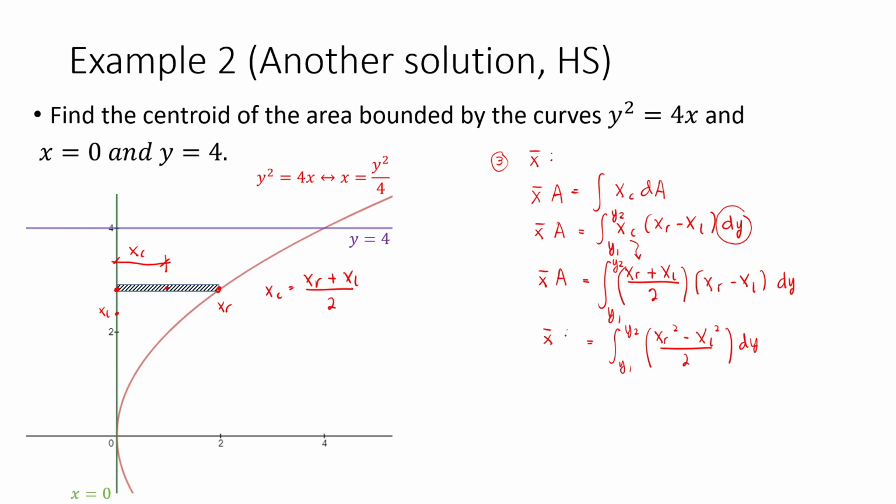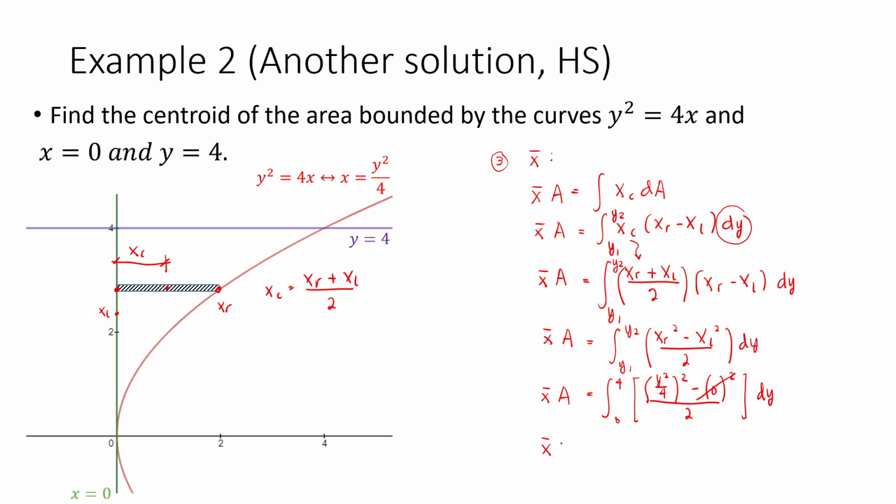And on the left side, bar x times the area. So bar x times the area is equal to the integral from 0 to 4 of y squared over 4, squared, minus 0 squared, all over 2, dy. So again, notice that the equation is simplified because we're going to have a zero term here.